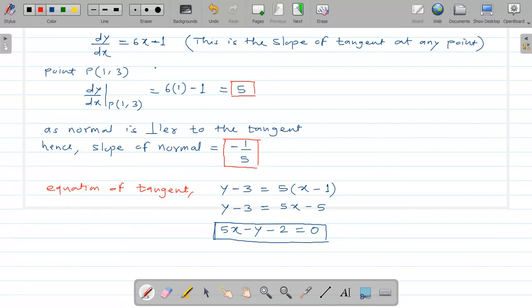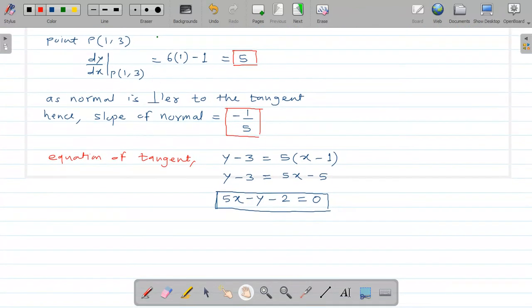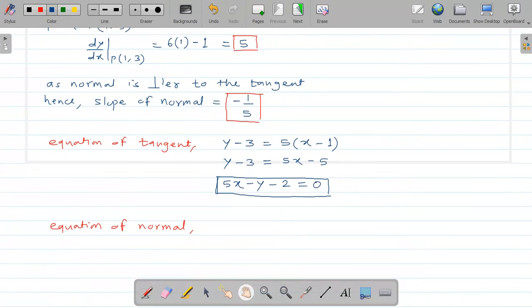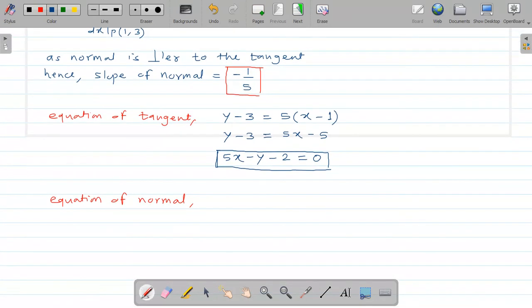Similarly, you will find out the equation of normal. So equation of normal. So let us see again by slope point form. We will write y minus 3 is equal to, just we have to write the slope as minus 1 upon 5 into x minus 1.